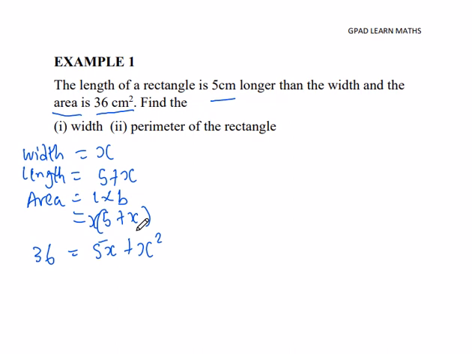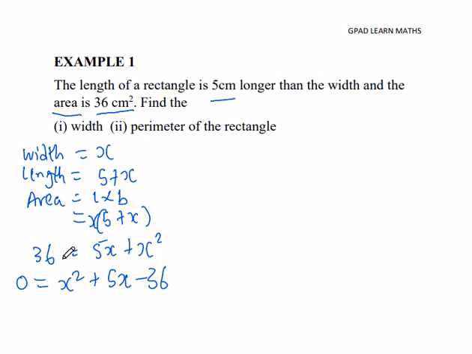This is already looking like a quadratic equation, or it is a quadratic equation. This 36, move it to the right hand side and then we rearrange. So if you do that, that will be 0 is equal to x squared, which is this same x squared, plus 5x minus 36, because when you move a term from one side to the other, you have to change the sign of that term.